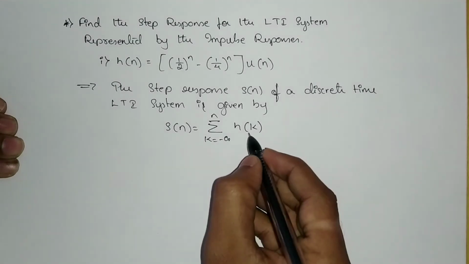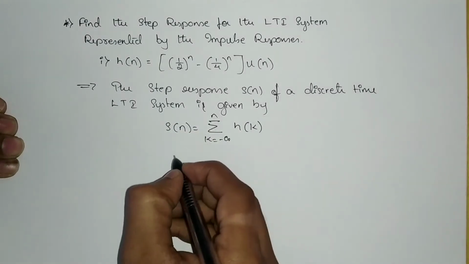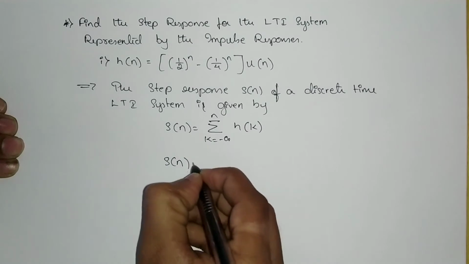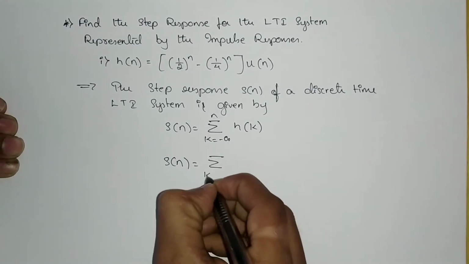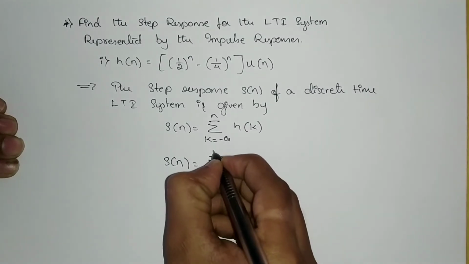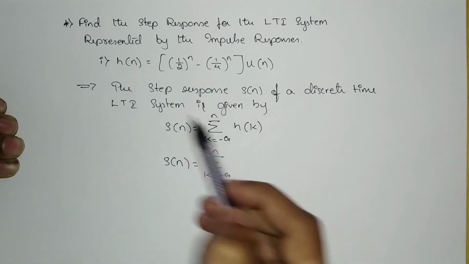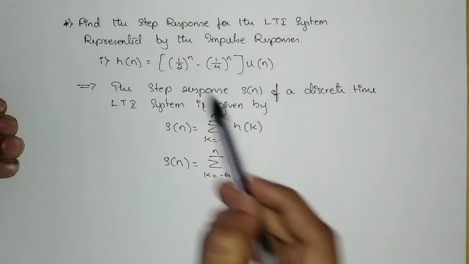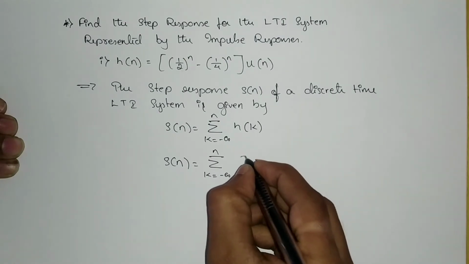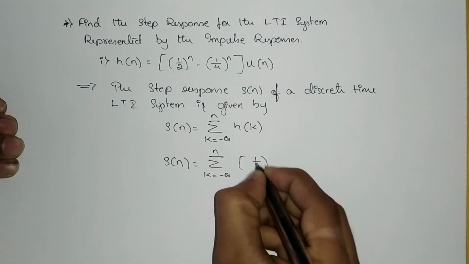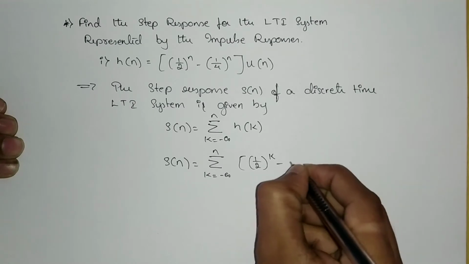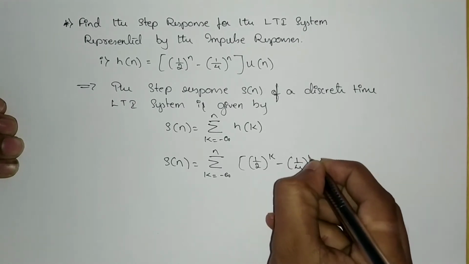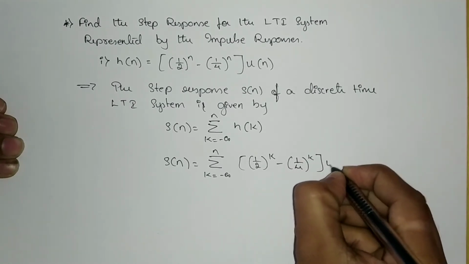Now substituting the value of h of k, s of n will be equal to summation of k equals minus infinity to n. In the equation for h of n, replacing n by k, we have (1/2)^k minus (1/4)^k into u of k.